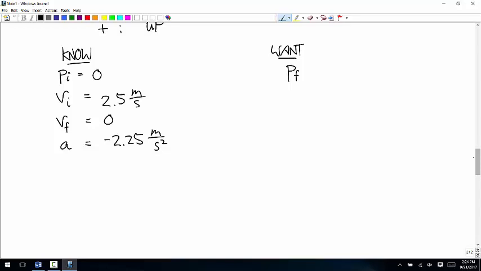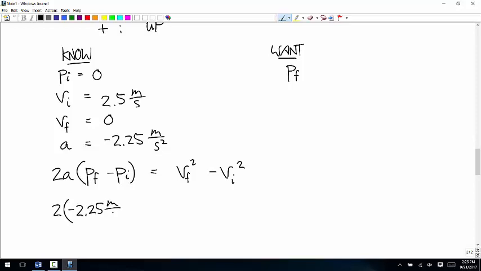So it looks like we can use the equation that says 2a times the quantity pf minus p initial is equal to v final squared minus v initial squared. So 2 times the quantity negative 2.25 meters per second squared times the quantity pf minus 0 is equal to 0 squared minus 2.5 meters per second squared.